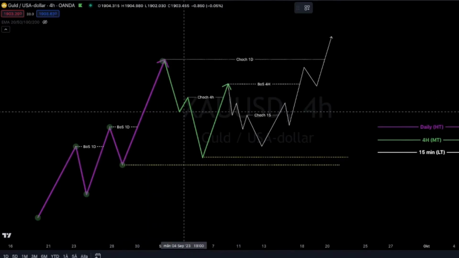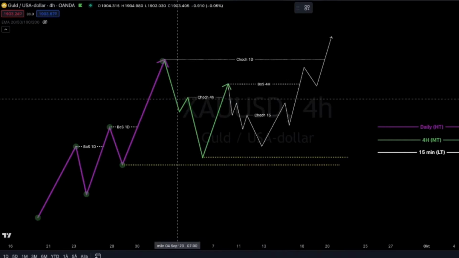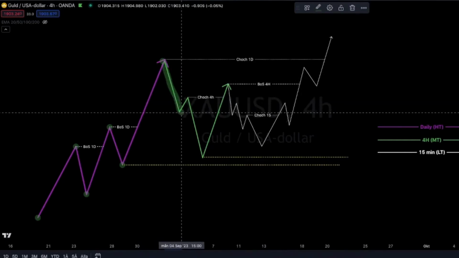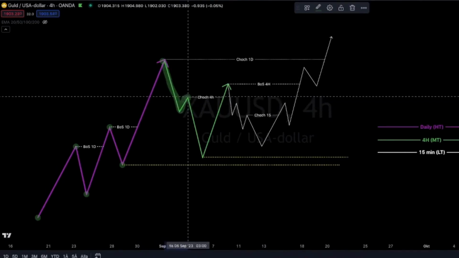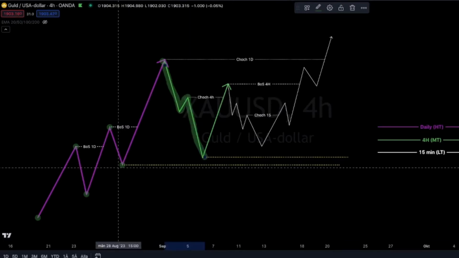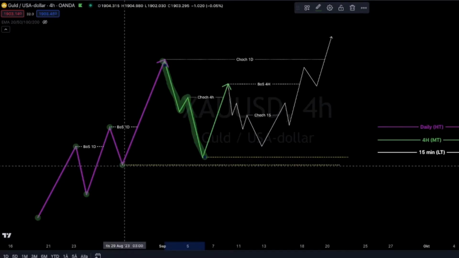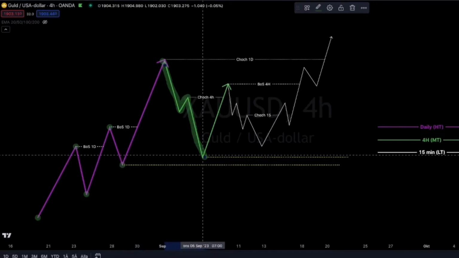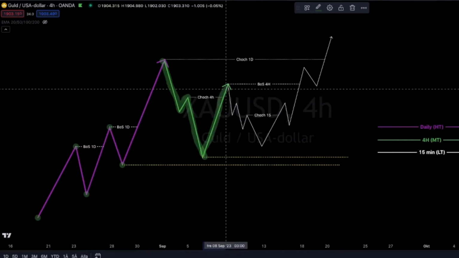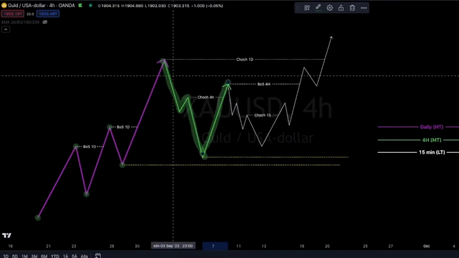Inside here is the internal structure. Market retraces on the 4-hourly time frame, creates a little high here, lower high. It doesn't change character. It doesn't break this most recent higher low. It pushes up again. And when it pushes up, what does it do? It changed character internally.